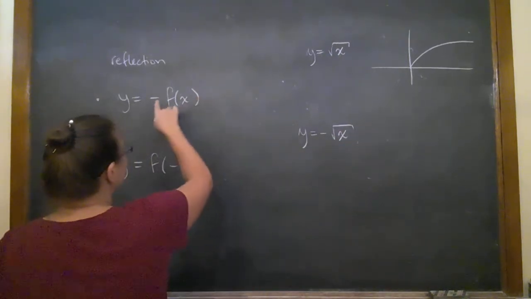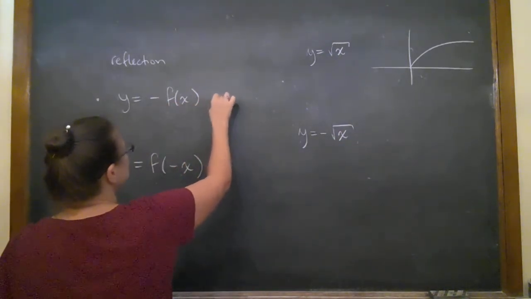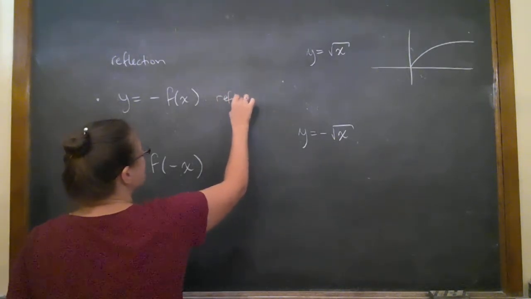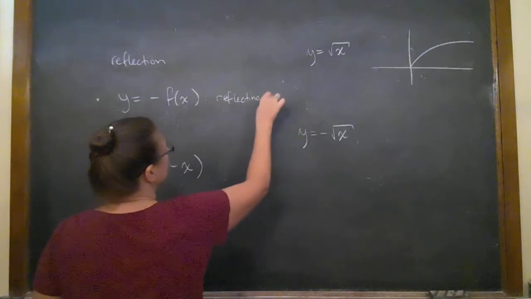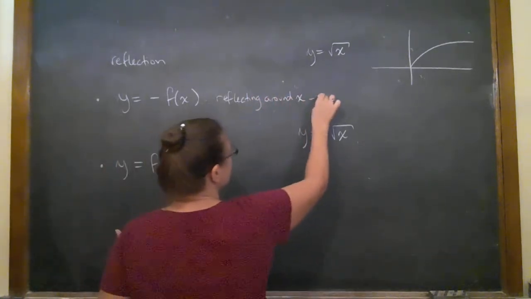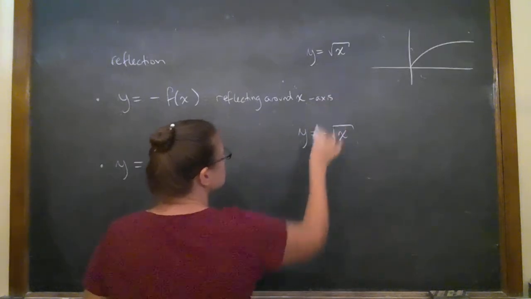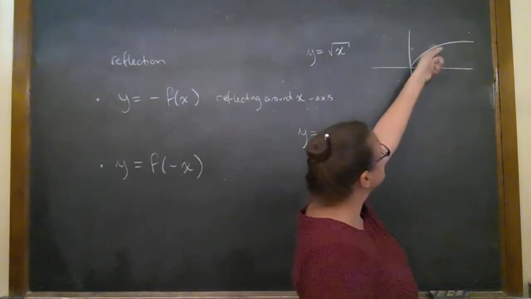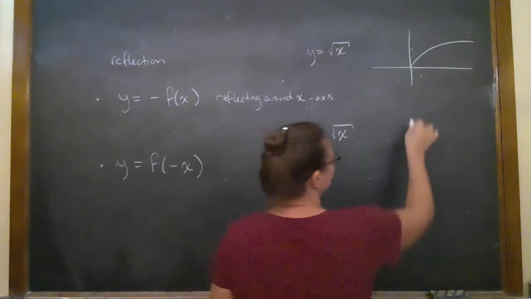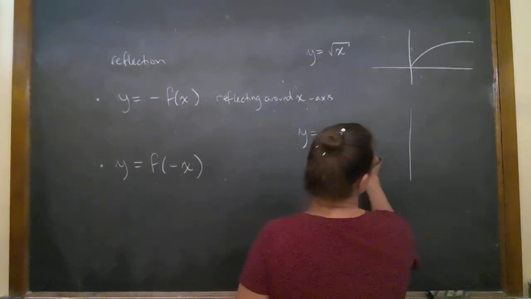So if I have the minus out here, this is reflecting around the x-axis. So all these positive numbers, it's still the same positive number, I got a minus in front of it, so it just wraps around down here, right?